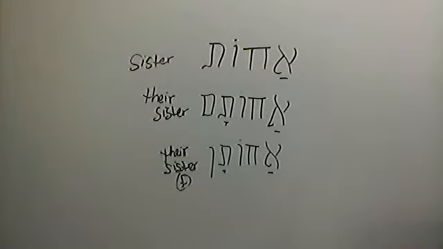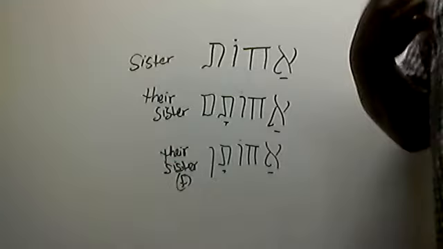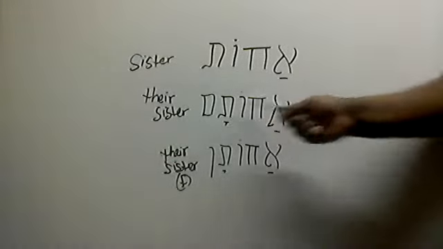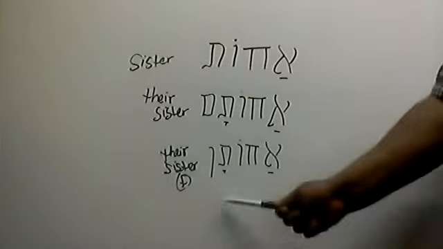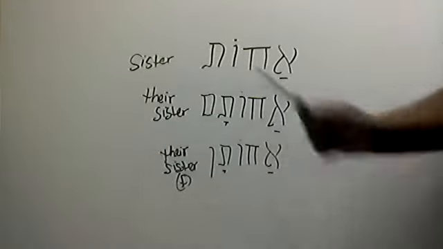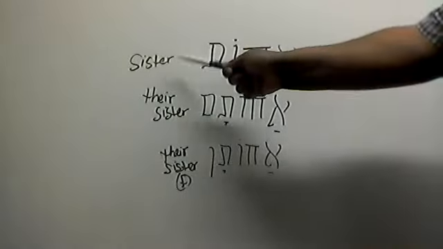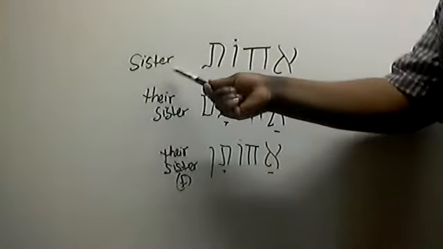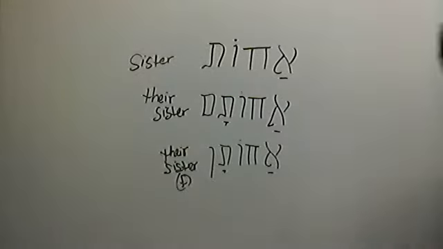So if I'm speaking about another person's sister, but that person I'm talking about is a male, I would say Achotam, their sister. Achotan, their sister. We didn't do the plural, the personification or the showing of possession in plural, like my sisters and their sisters. Only thing we did is Achoti, my sister.